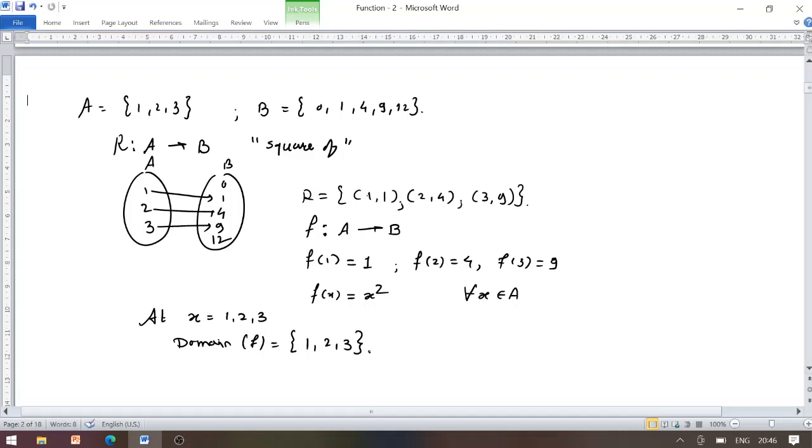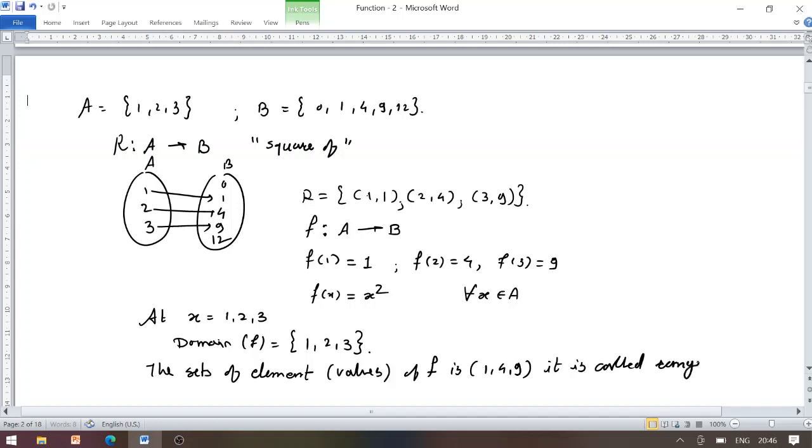While the set of values of f, which are the values of f here, that are 1, 4, 9, is called the range of f.